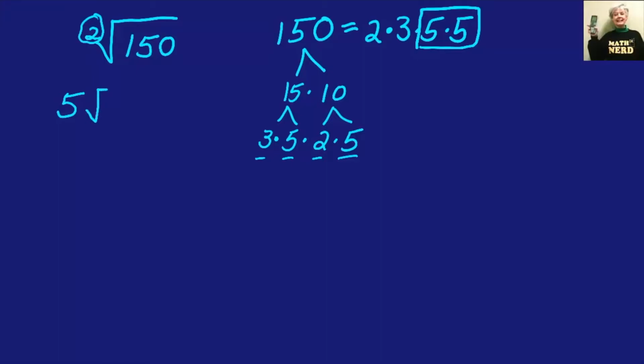I make the radical sign, and then I write what's left, the 2 times 3, which we know is 6. 5 times the square root of 6 is the answer.